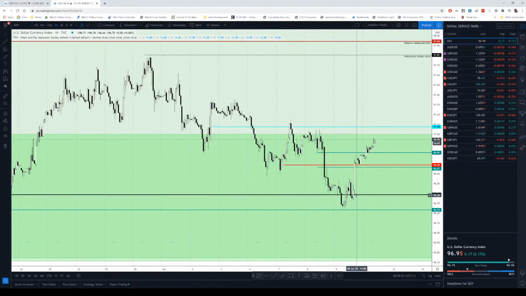If we did get that close above that line, my first go-to was this line, and then the second was that red line. We did get that closure, I think, just as I was finishing my session, and that led to this.